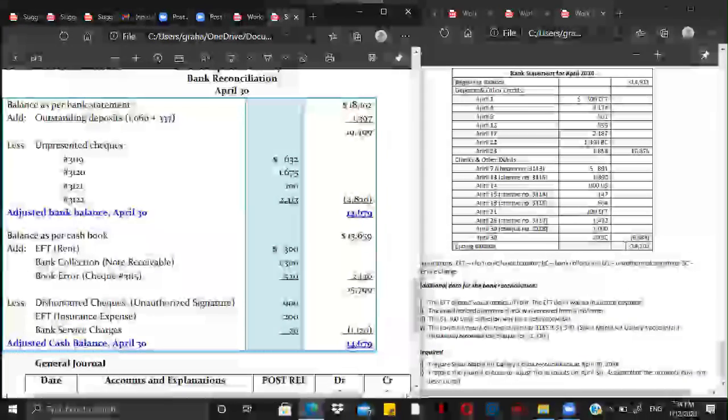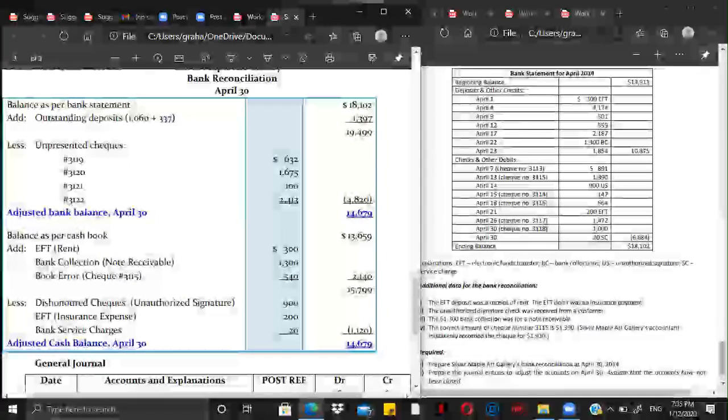So you were supposed to pay 1,390. You wrote down in the cash book that you paid 1,930. So basically, you paid the person too much out of your cash. So what are you going to do to correct this?